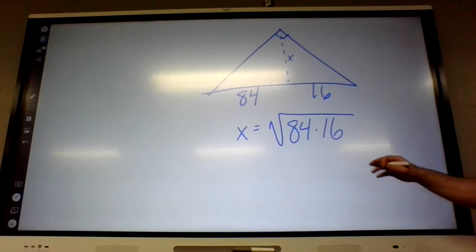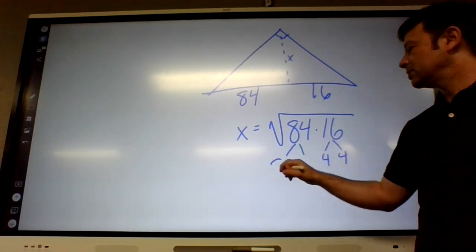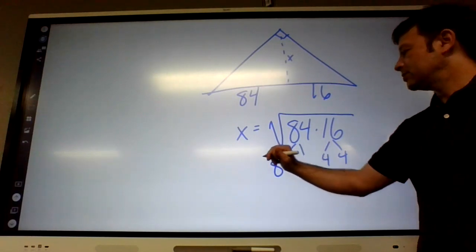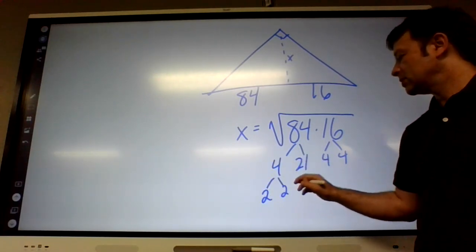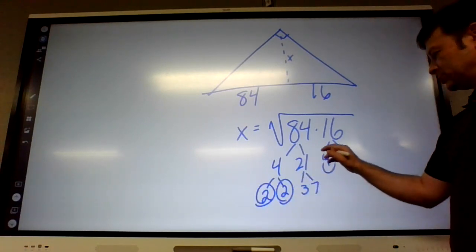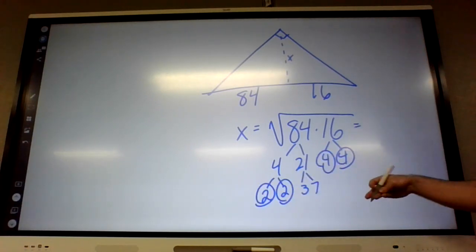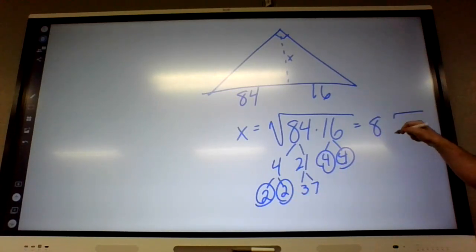And usually we simplify this stuff, right? 4 and 21. Most of you probably have a calculator that can do that, but 2 and 4 come out, so it's 8, and then 3 and 7 stay behind. 8 squared, 21.